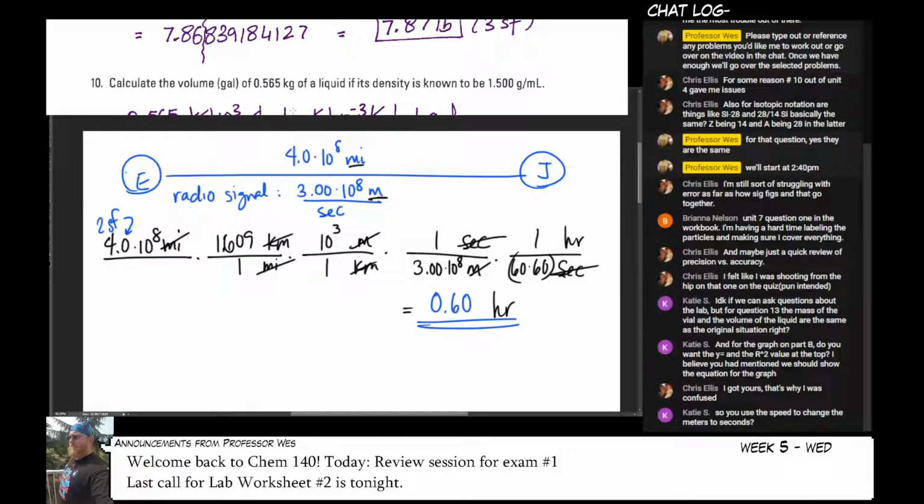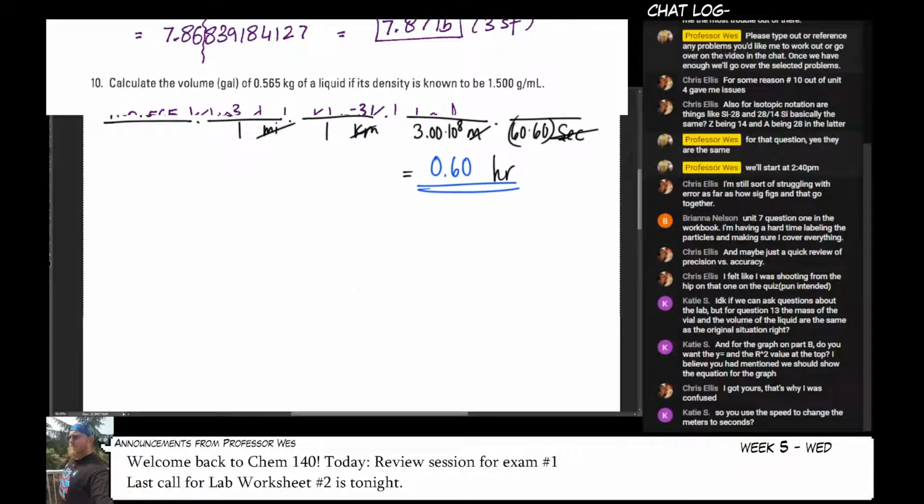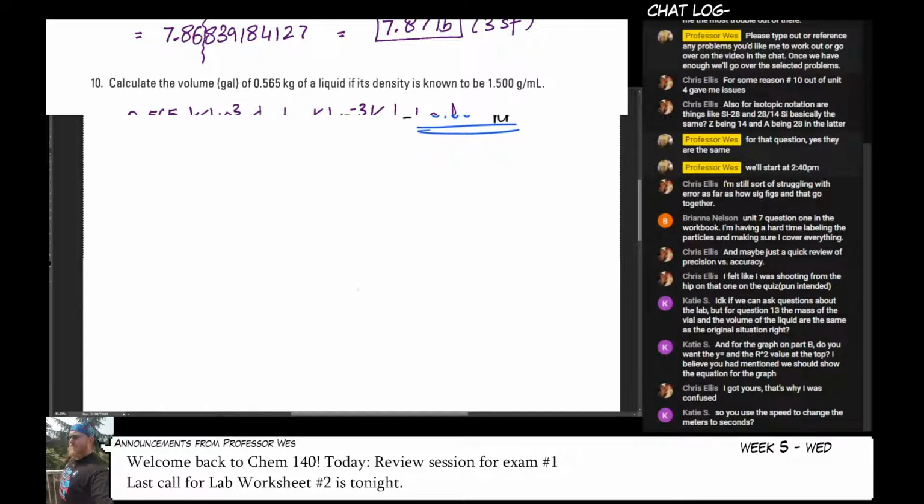Calculate the volume in gallons of 0.565 kilograms of liquid if its density is 1.5 grams per milliliter. All right, so I have this much liquid. Is it 565? Yeah, kg.